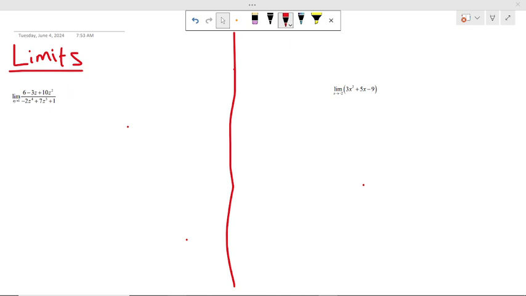So because this function can be evaluated at 1, we put 1 inside to get the limit. But some functions cannot be evaluated at some points. So for that one, we have another way of doing it. So let's solve this.